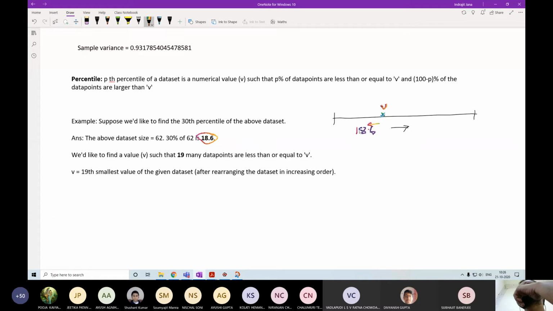How could you have 18.6 many data points on the left side? Essentially, this has to be the 19th smallest one, the 19th value. Is that fine, or do I need to explain something else somewhere? Who was asking that?